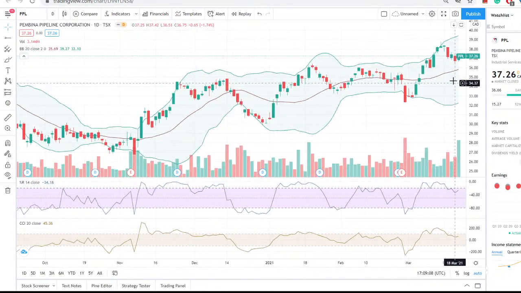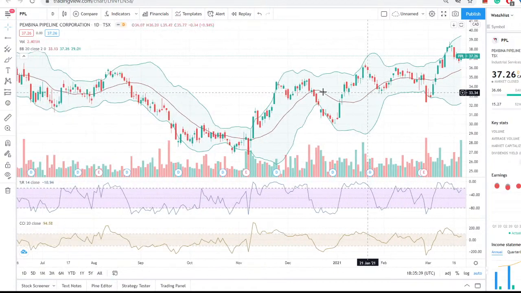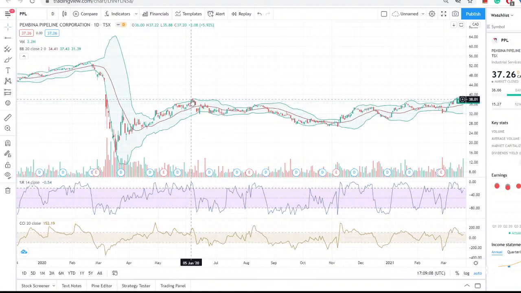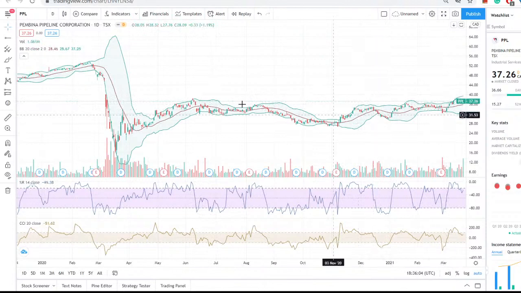It took almost 6 months or 9 months to come to the same level again. So the strength in the stock is not that much. It's a long phase of consolidation, 9 months of long consolidation to come back to the same level.